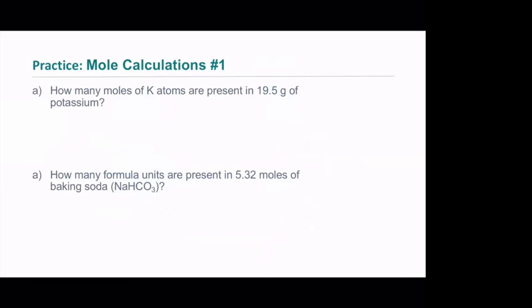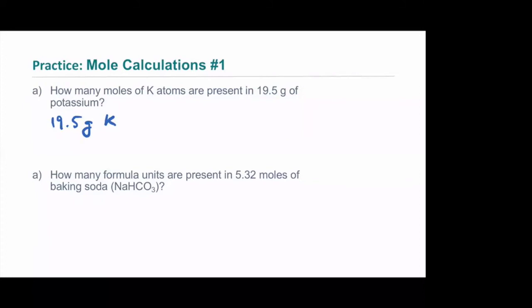Mole calculations. How many moles of potassium atoms are present in 19.5 grams of potassium? What do we do here? Where did we get that number from?